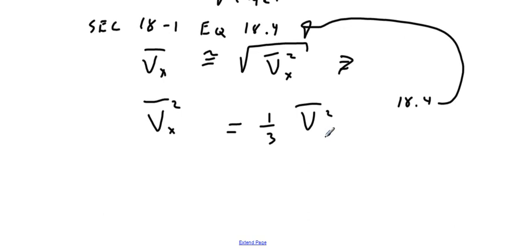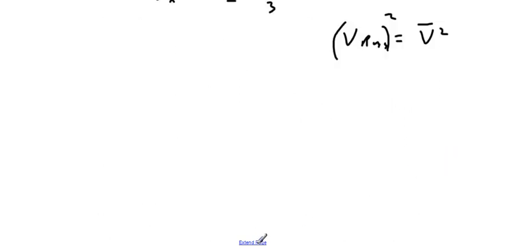And we know that VRMS is the same as V bar, so VRMS squared is V bar squared, so we got that. All right, so now we're going to throw those things into our original equation.